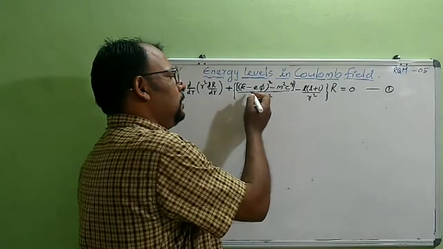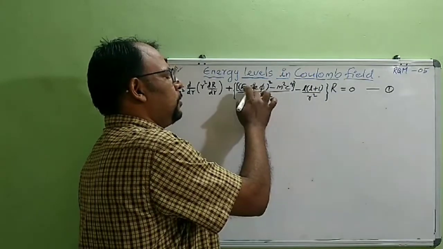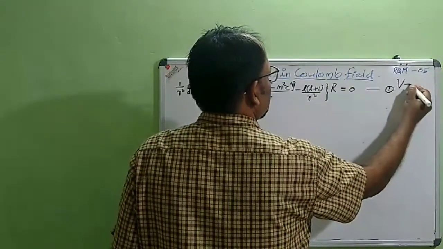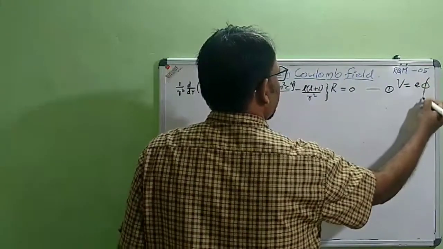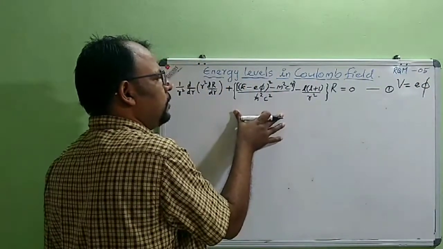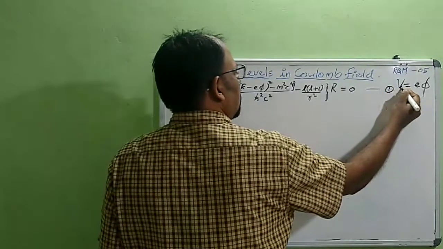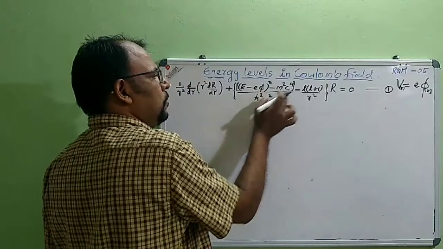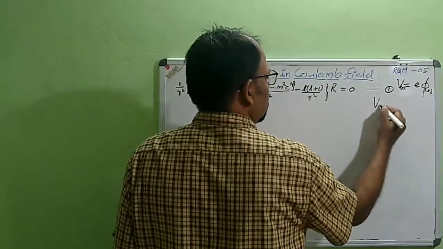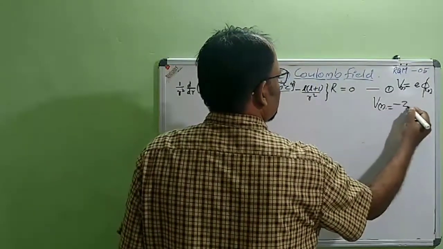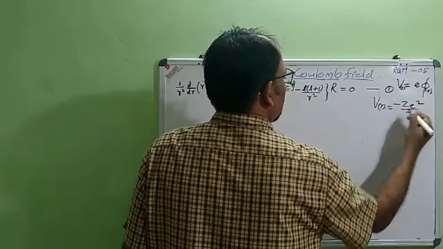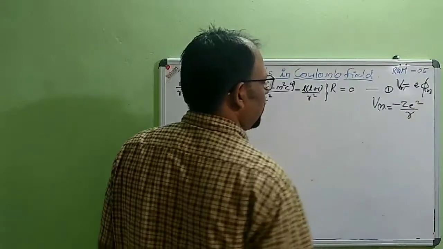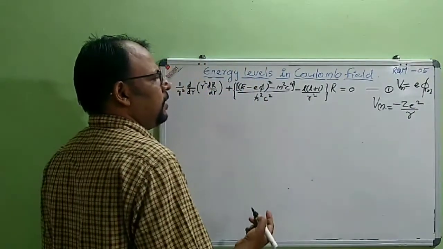In this case, the eφ term, the scalar potential times charge, represents the potential. So potential V equals eφ. So in this equation the potential term V(r) is represented by eφ(r). In the Coulomb field, we know that V(r) equals minus Ze²/r.